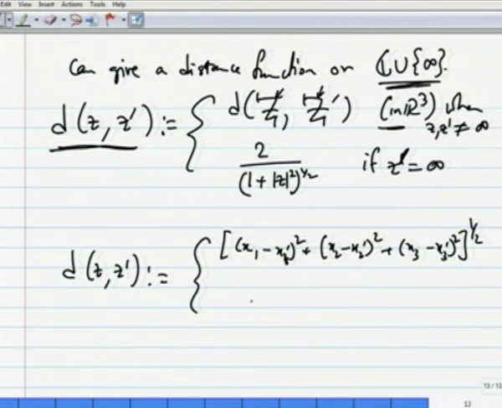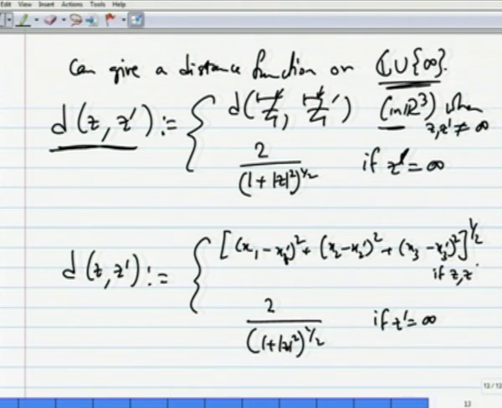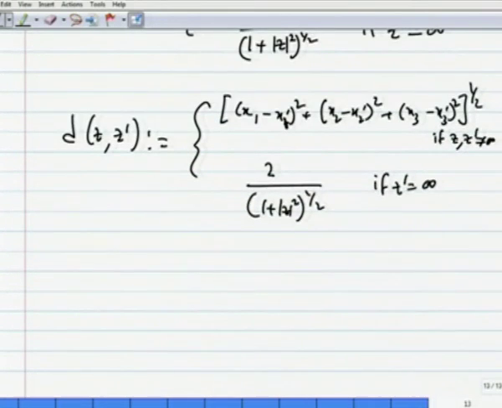And this is equal to 2 by 1 plus mod z squared, power half, if z prime is equal to infinity, and the first formula if z and z prime are not equal to infinity. That way we can measure the distance between any two points. The only new point is infinity, but actually we measure distances using the distance in R 3.